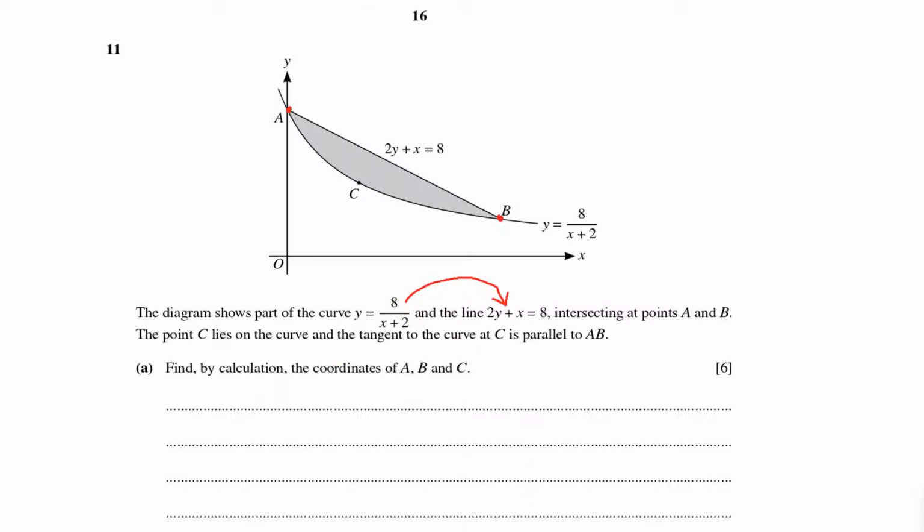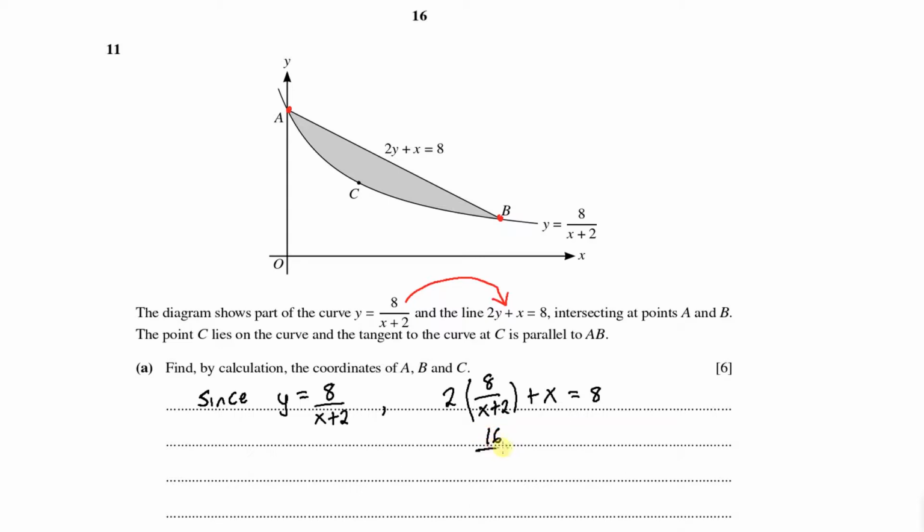So we're saying here, since y is equal to 8 over x plus 2, I can substitute into the second equation. So that will be 2 of 8 over x plus 2 plus x is equal to 8. So I've just substituted this for y. So I'll continue simplifying. So 2 times 8 will give me 16.